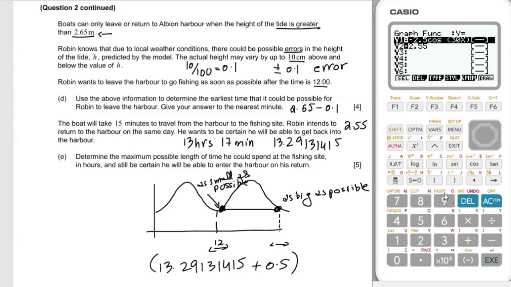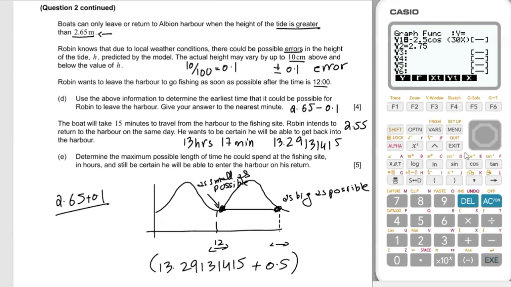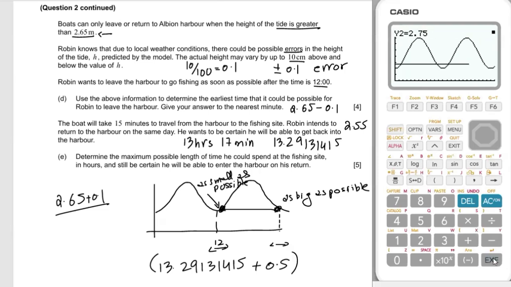Instead of 2.55, now I'm going to change this to 2 point... what will be the upper limit? If I add 0.1, that's going to be 2.75. What did I just do? I'm doing 2.65 plus 0.1 to get the greatest possibility. So it's like a sinusoidal function, but with a mix of the upper and lower bounds as well, right?